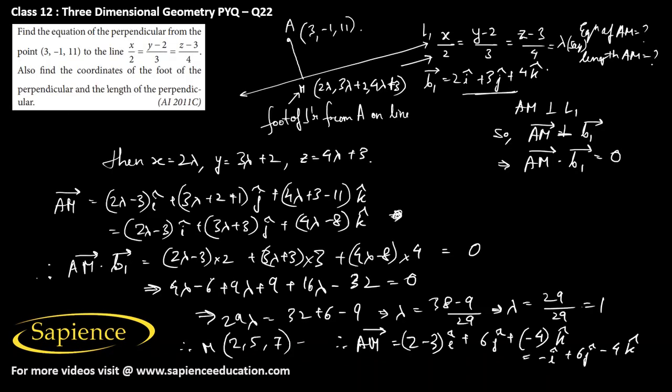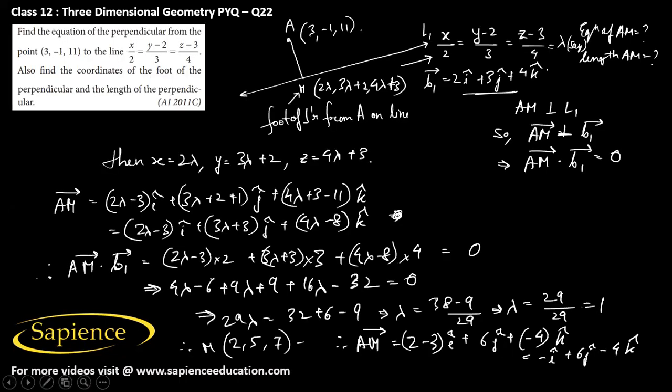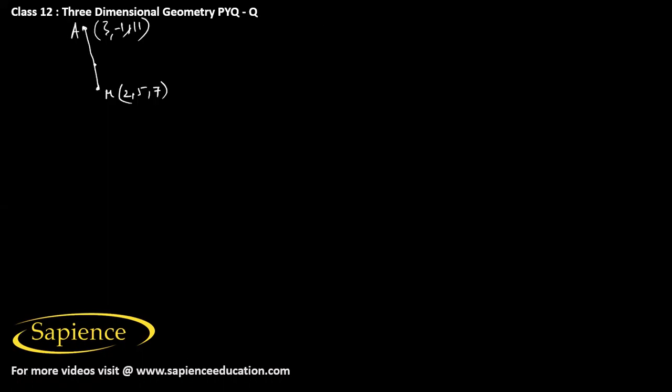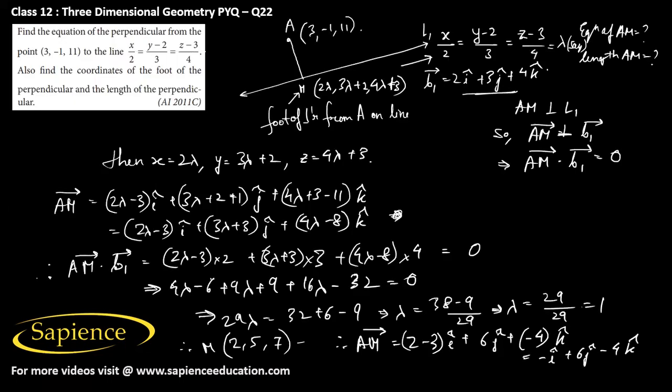Therefore for the vector AM, this is A, this is M. M is (2, 5, 7) and A is (3, -1, 11). So AM vector is minus i cap plus 6 j cap minus 4 k cap.